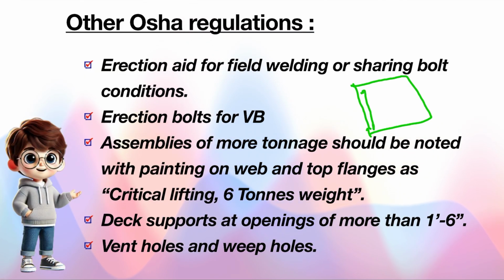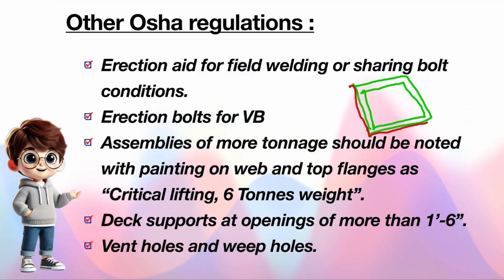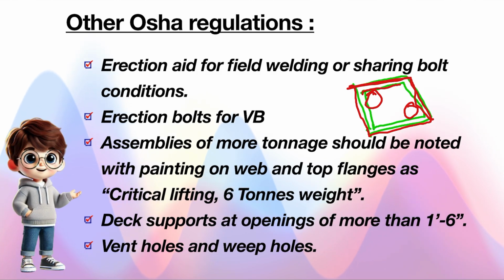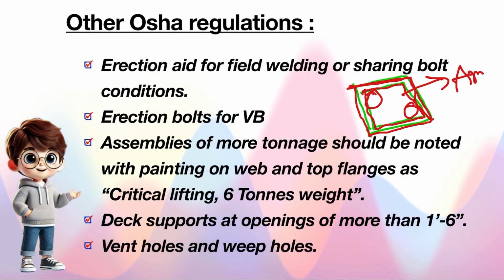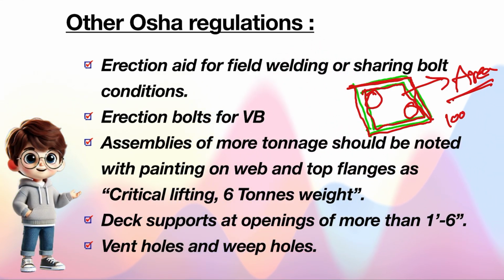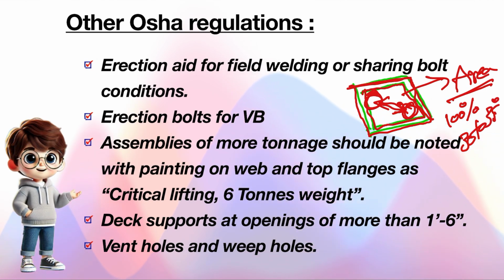Let's say this is the HSS and it is covered completely with a plate. Now you need to provide holes here and here. The inside cross-sectional area is 100%, and the vent holes or weep holes you provide, combined, should have cross-sectional areas of 30 to 35%.